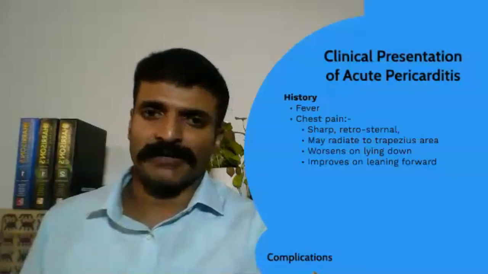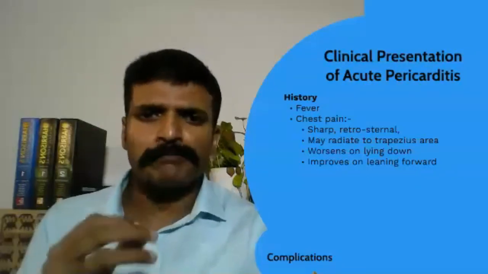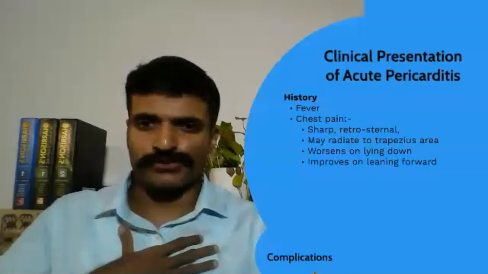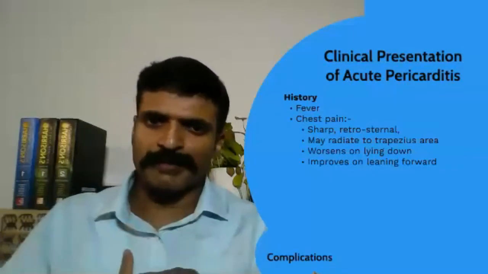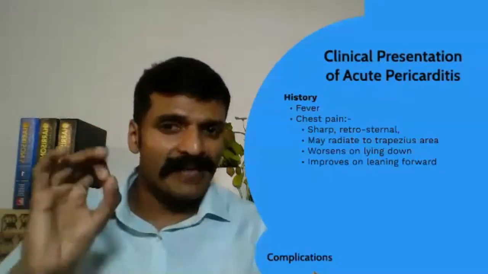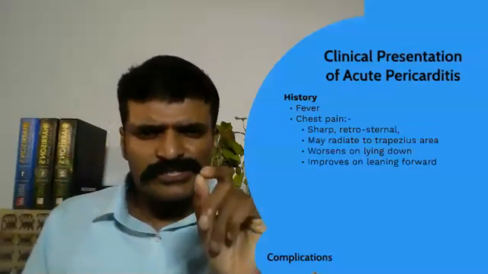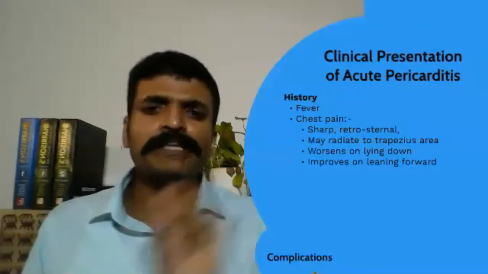Inflammation of the pericardium will produce sharp pricking pain. Of course, it's retrosternal because the heart is located there, the pericardium is located in the retrosternal region. But unlike myocarditis, unlike myocardial infarction, the pain here is sharp. It is sharply localized.